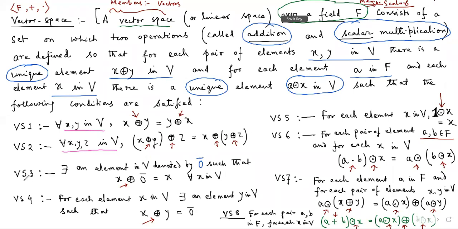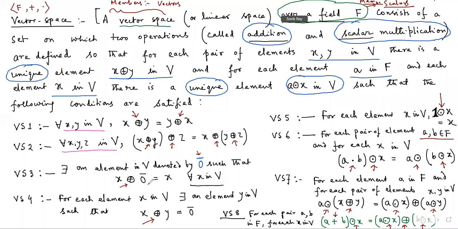For the property VS3, I missed this one. There exists an element in V denoted by 0 bar such that for the element x in V, x is an element of the set capital V, and 0 bar is supposed to be an element of V itself, so that the two vectors when added together give you the same vector.